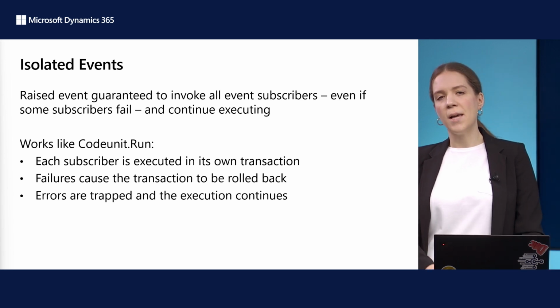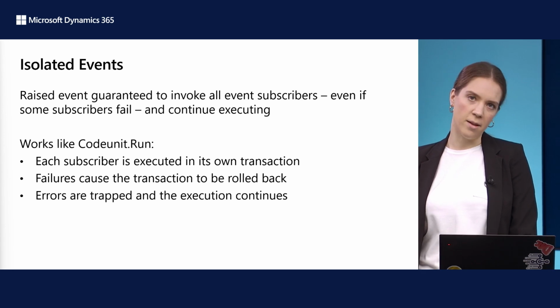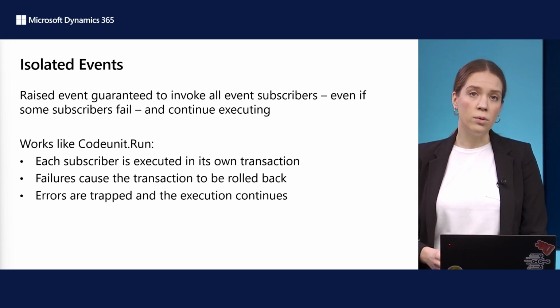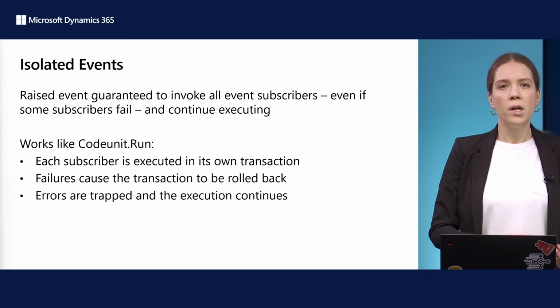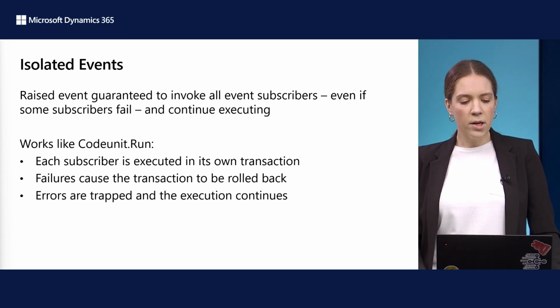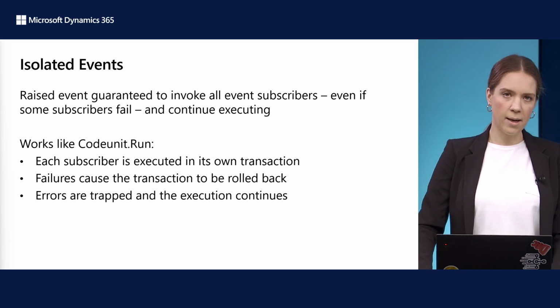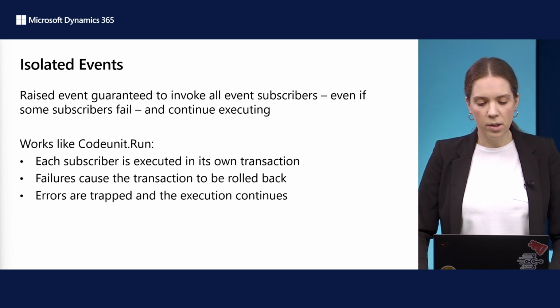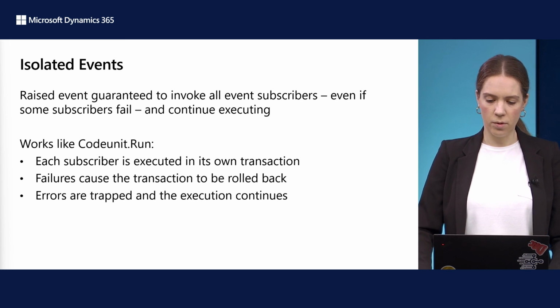This comes with the same advantages and also disadvantages as codeunit.run. So each subscriber is executed in its own transaction. Failures cause the transaction to be rolled back, and errors are trapped when the execution continues.